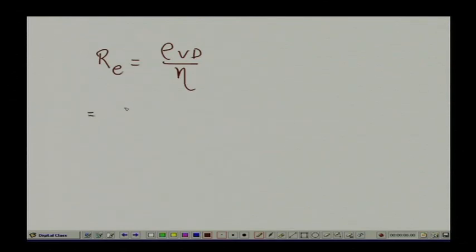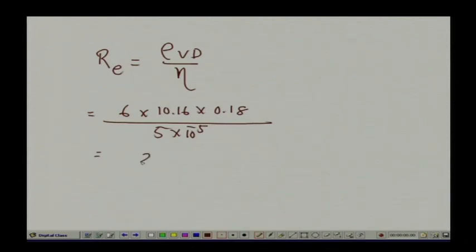So, this will become 6 into 10.16 into 0.18 by 5 into 10 to the power minus 5 Pascal seconds. So, this will give you 21.94 into 10 to the power 4. Obviously, you can see this is a turbulent flow, right. So, this is problem number 1.